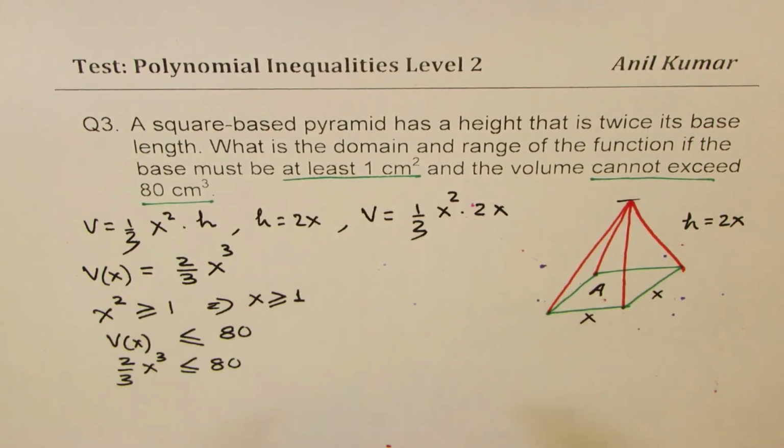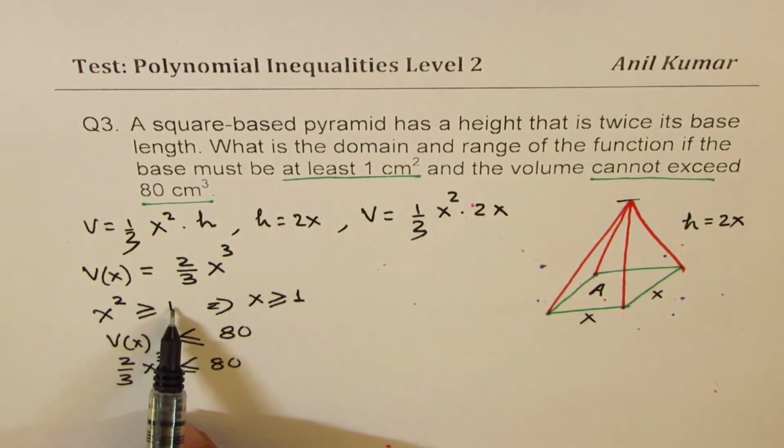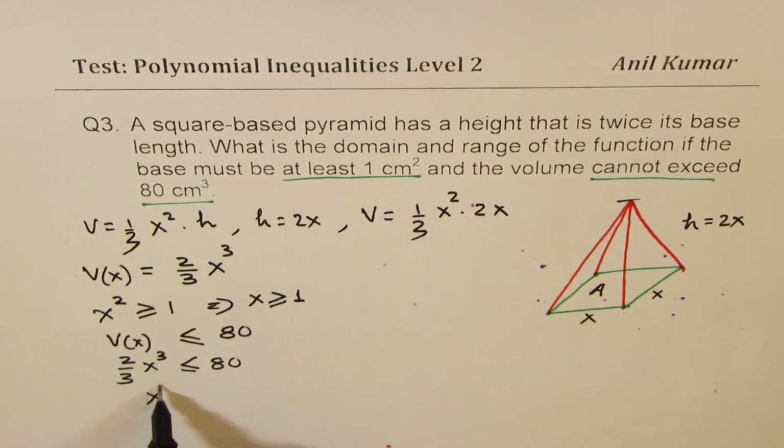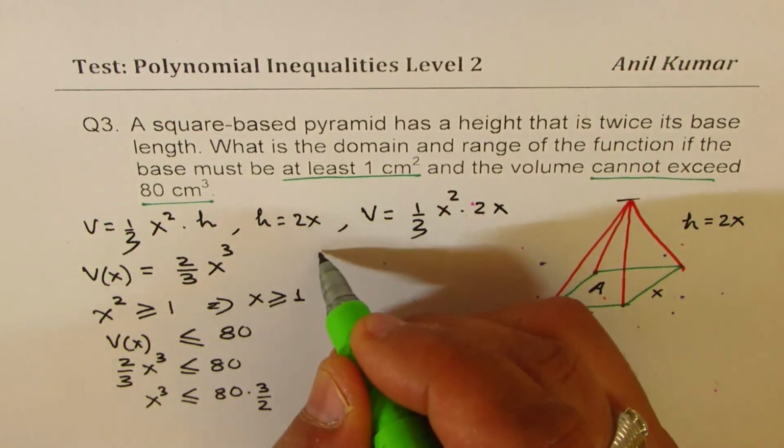Since we are working with positive values, we'll only concentrate on positive answers. Therefore, we didn't consider any negative value here. So we have x cubed less than or equal to 80 times 3 over 2. Let me do it on the right side to save some space.